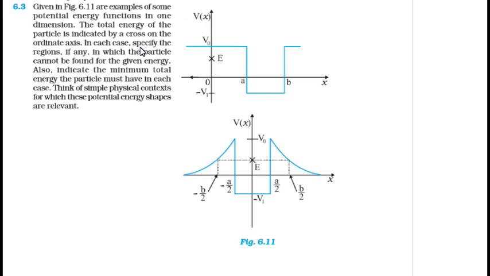In each case, specify the region, if any, in which the particle cannot be found for the given energy. Also indicate the minimum total energy the particle must have in each case. Think of simple physical context for which these potential energy shapes are relevant. Let us see the solution.